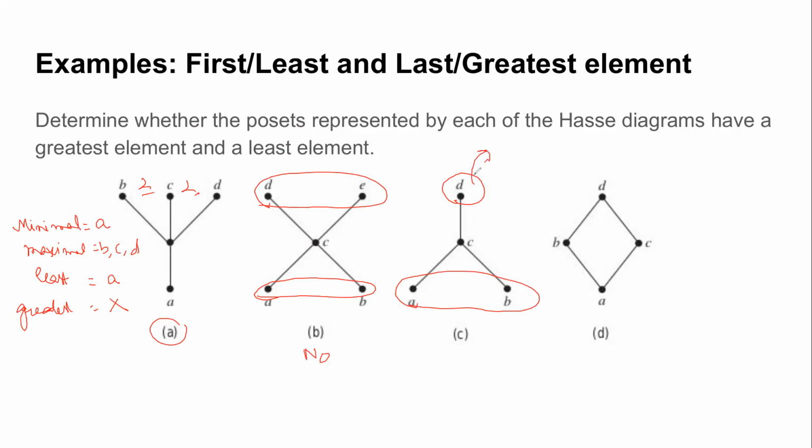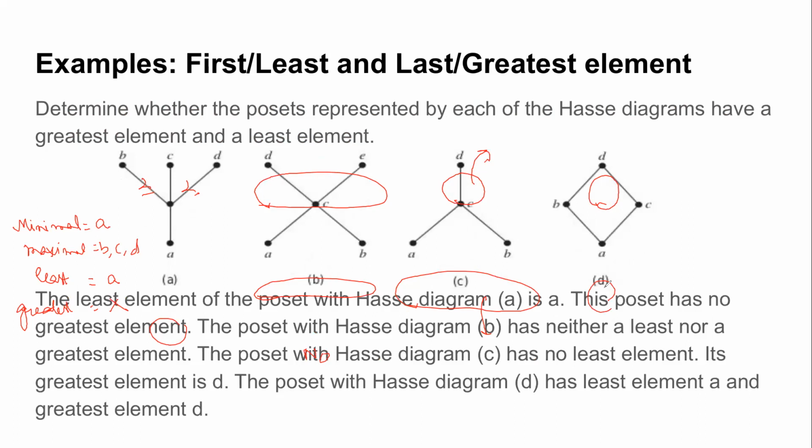B. Does the least element exist? No. Why? Because we don't have a relation between A and B. Similarly, what about the last one? Both exist. Greatest is D and smallest is A.